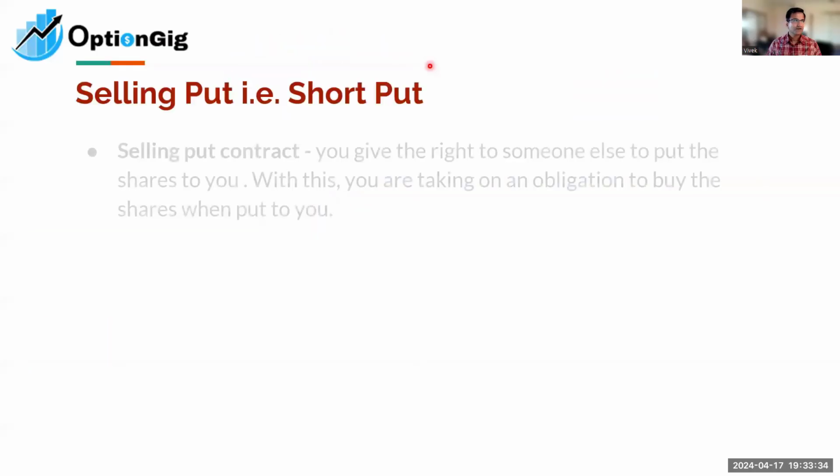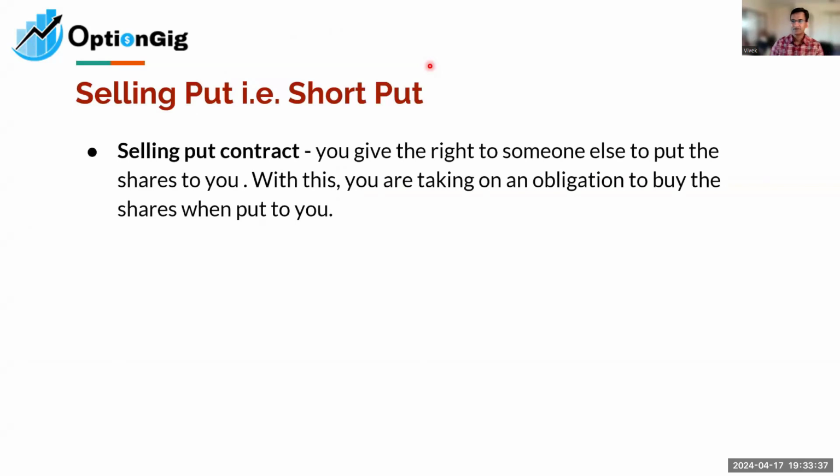All right, let's talk about selling a put. So selling a put means now I'm selling a put contract. So remember, Martha bought a put contract, an insurance contract. Matthew was selling that contract. Now we are talking in terms of Matthew. Selling means if I'm selling a contract, I'm giving the right to Martha to put the car to me.